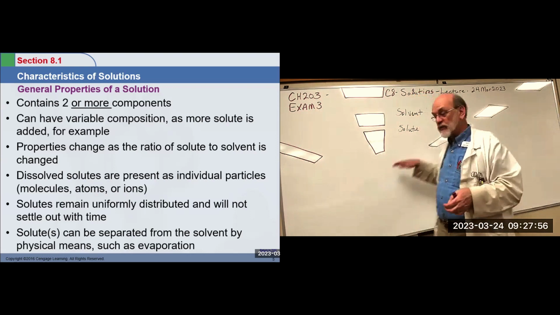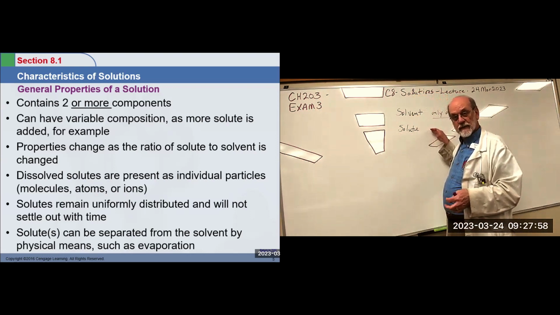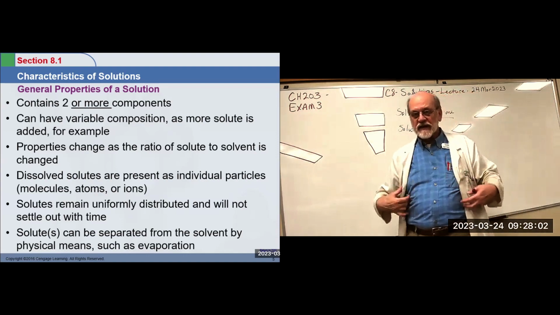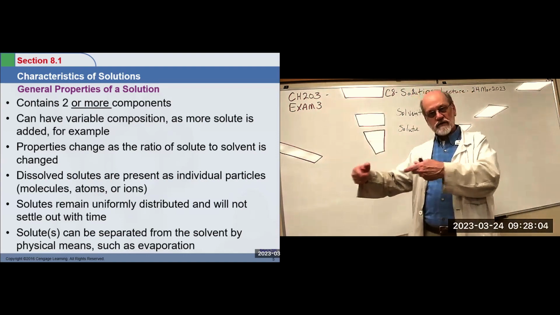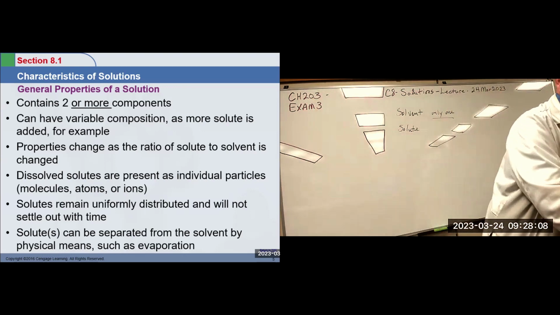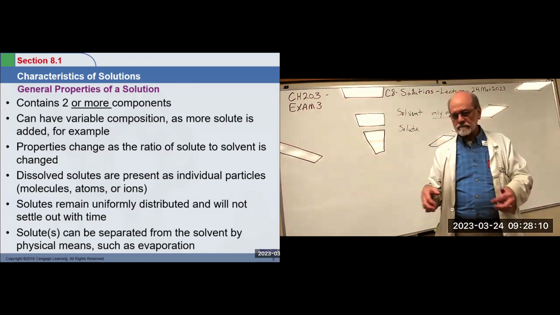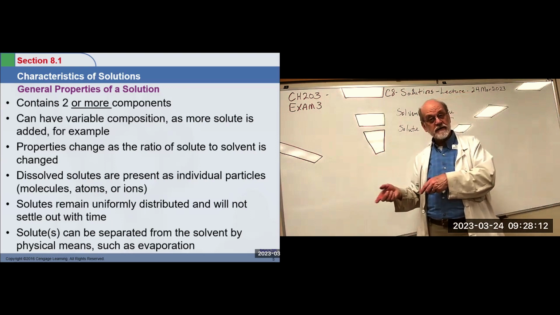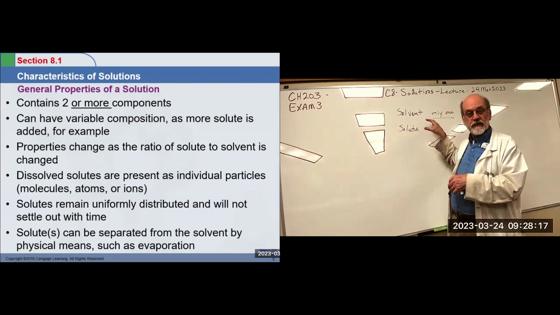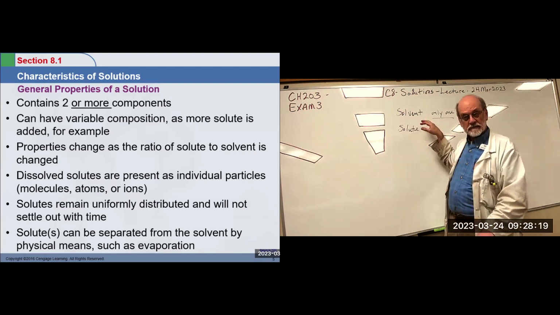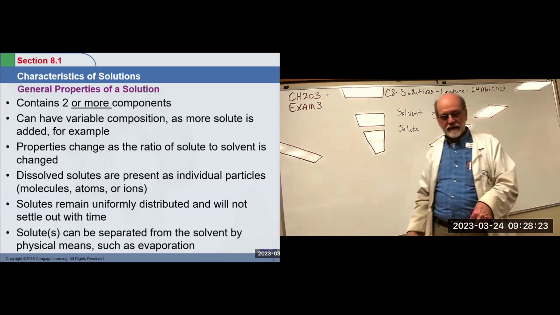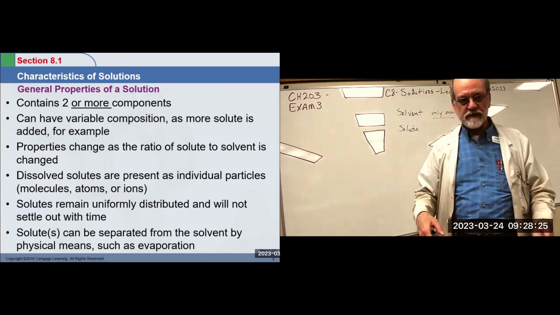Well, the more starch you put in there, within limits, of course, the thicker it gets. So the viscosity of the liquid increases as we add more starch. That's just one example. Another example we'll talk about later is, as you add more solute, the freezing point of the solution goes down. You have to get it colder before it will solidify. That's one of those colligative properties.